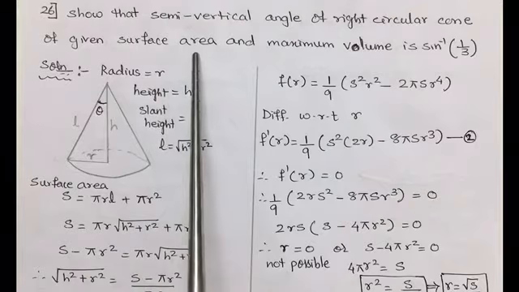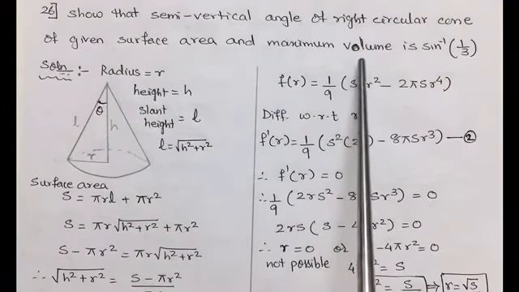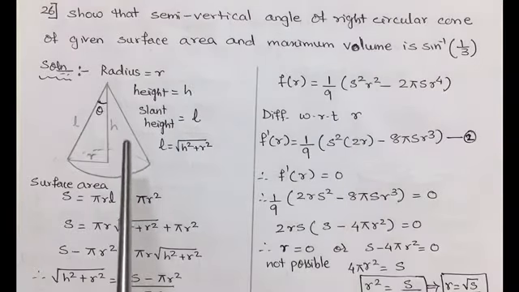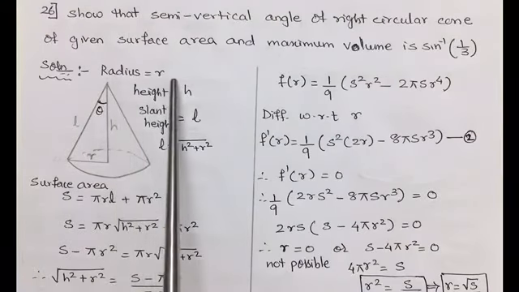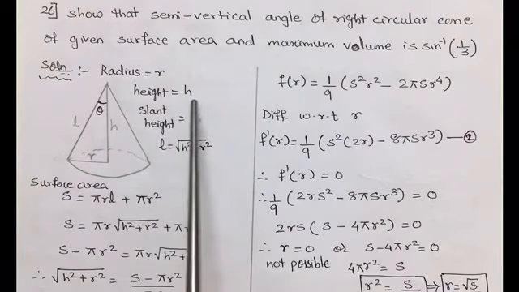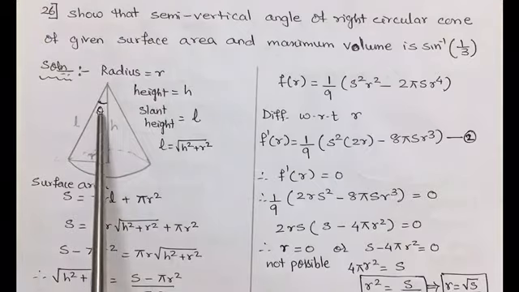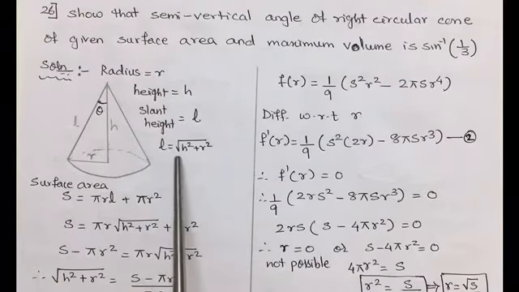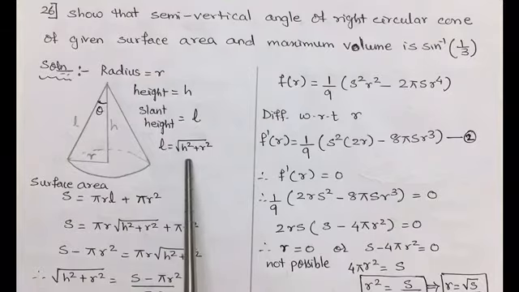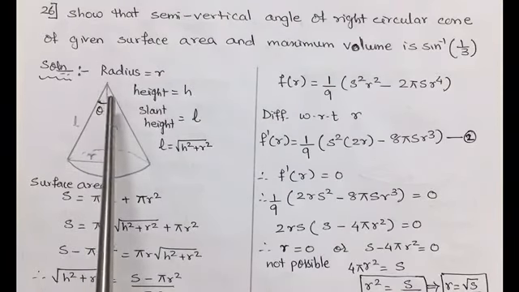Surface area given means it is a constant, and we have to maximize here the volume. The dimensions taken over here is radius is r, height is h, slant height is L, semi-vertical angle as theta. So the value of L becomes under root of h square plus r square with the help of Pythagoras being used here.